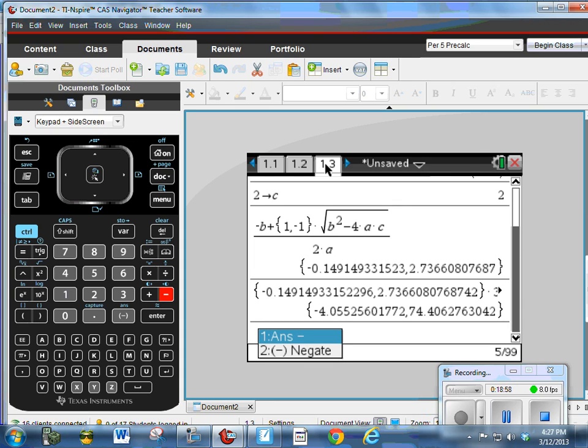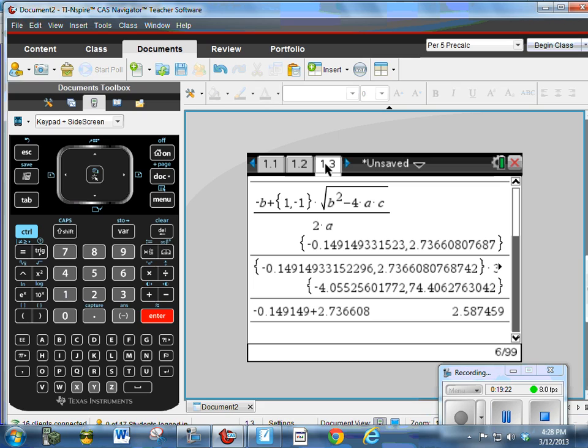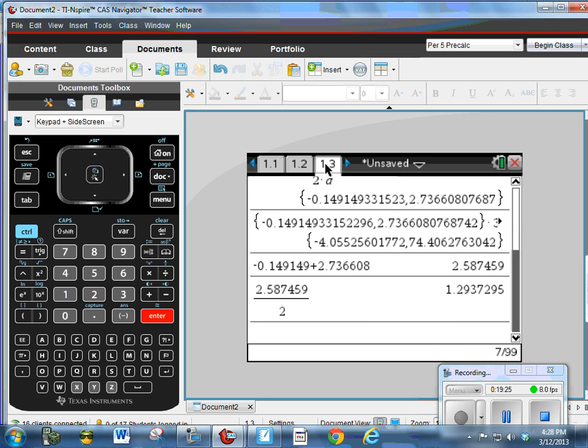Notice that this comes up as answer negate. I want to negate this, not subtract. So negative 0.149149. I'll give a couple decimal places since I have it. Plus 2.736608 divided by 2. Okay, so 1.2937 seconds. And then we can plug that into the y equation to find height.